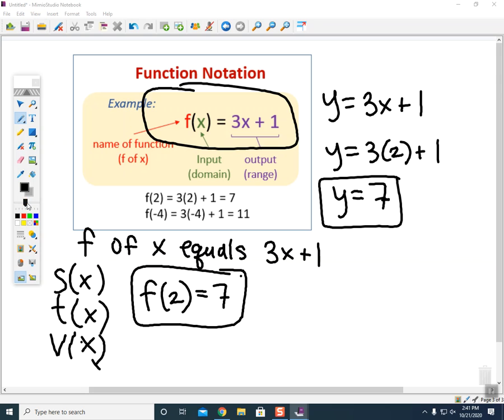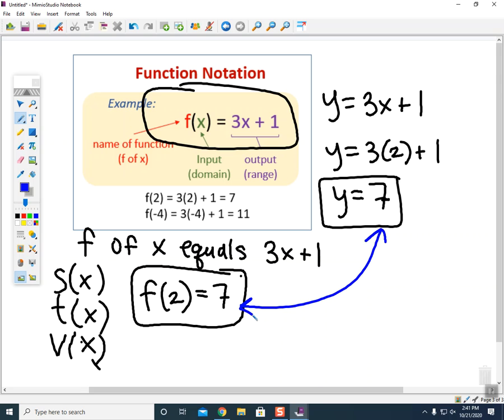Now, that's not what I wanted to do. I want a different color. Okay, so these two things say the same thing, right? My whole goal is to figure out what is my output.